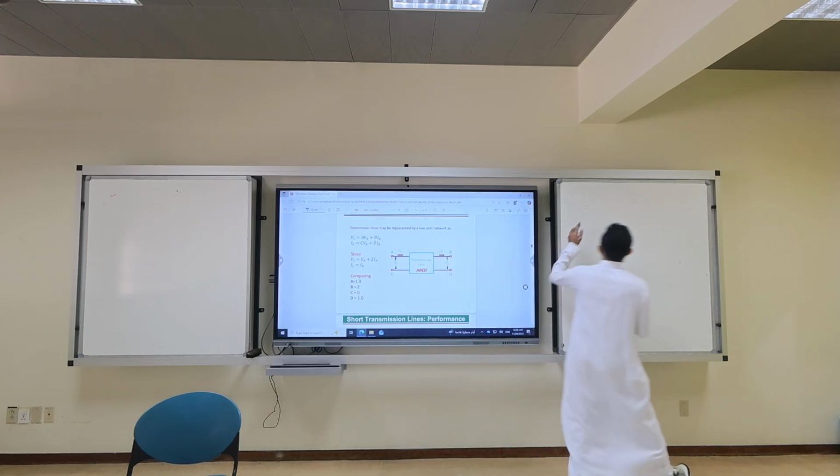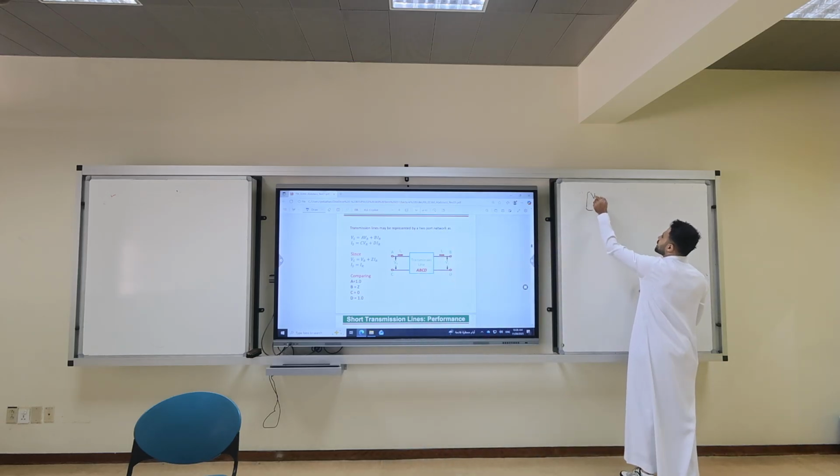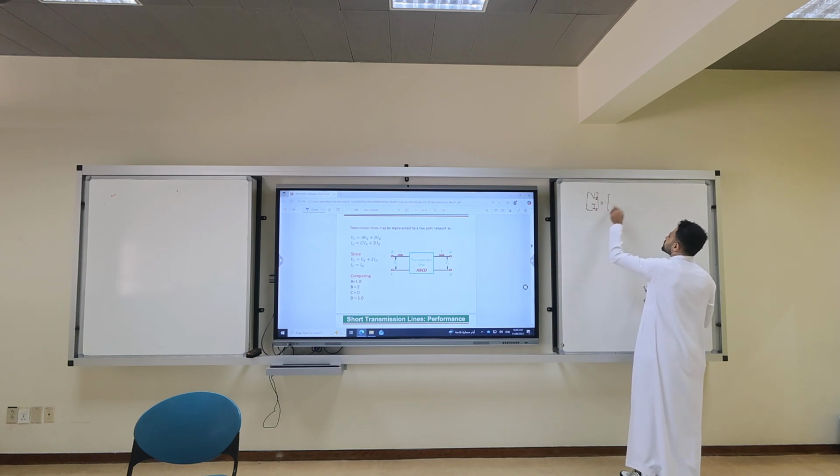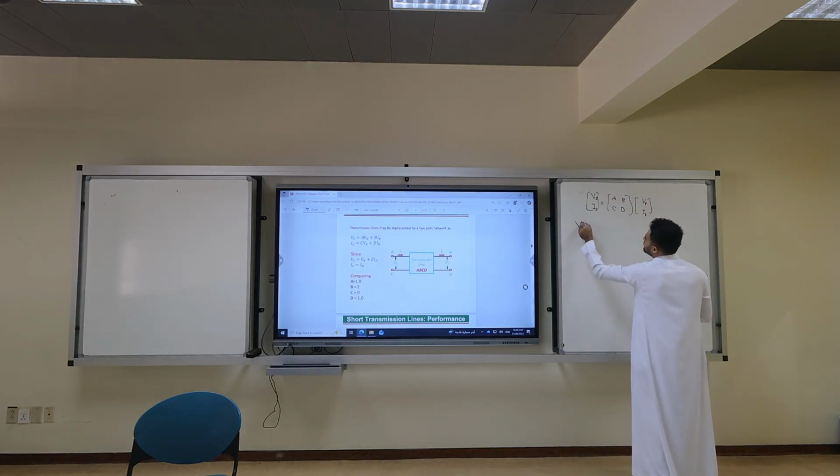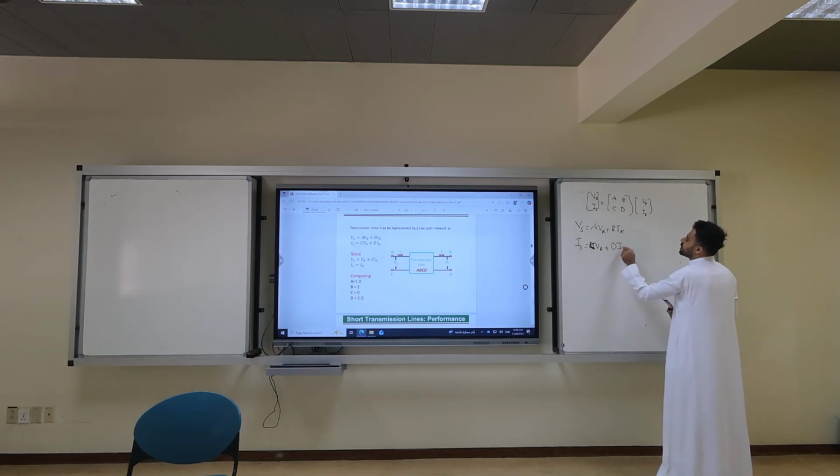If I write a vector of Vs and Is equal to some matrix A, B, C, D, multiplied by VR and IR, I can write Vs to be A VR plus B IR, and Is to be C VR plus D IR.